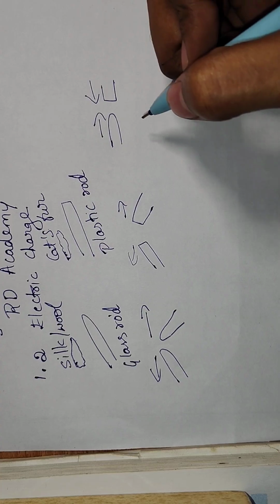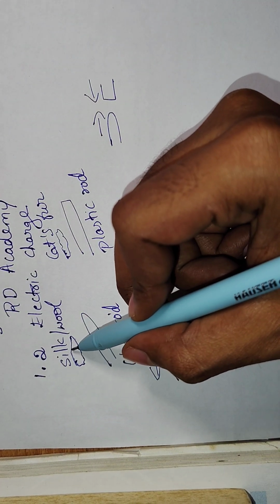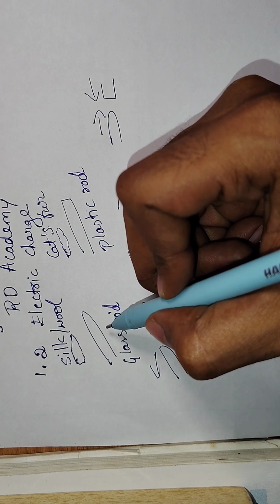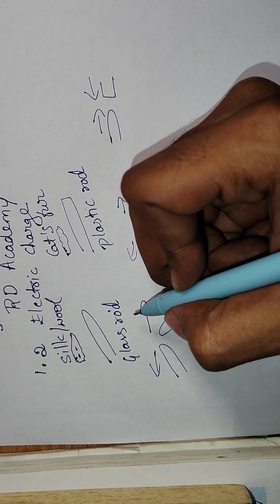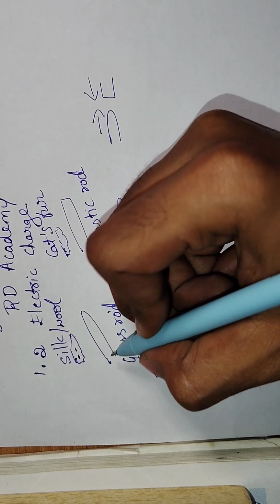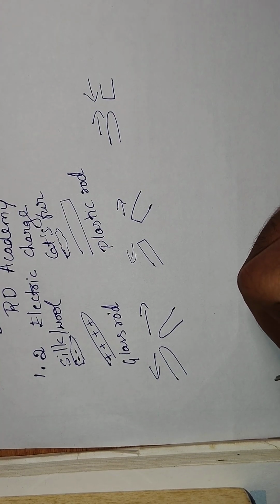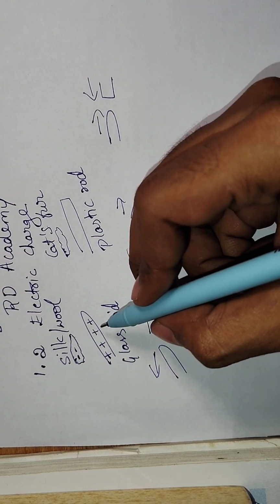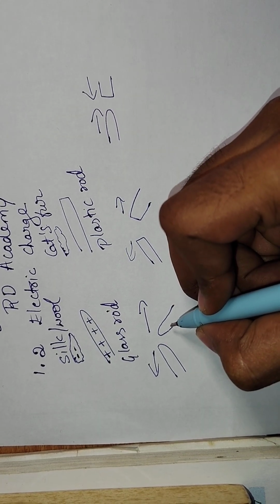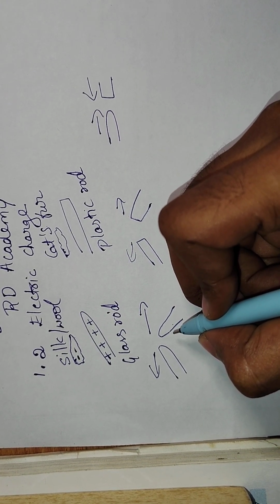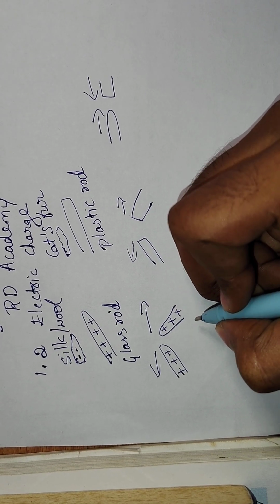After conducting various experiments, scientists concluded that once you rub the silk with the glass rod, the silk gains electrons, hence it becomes negatively charged, whereas the glass rod loses electrons and hence becomes positively charged. Now can you guess what happens when you bring two such glass rods near each other? Both are rubbed with silk cloth, so both will lose electrons and become positively charged.